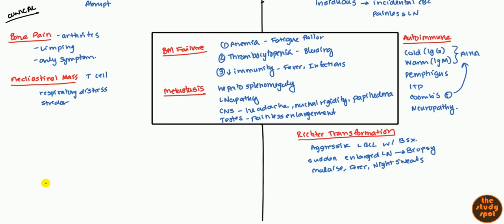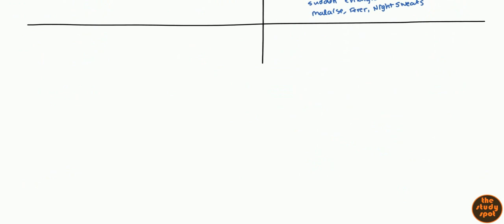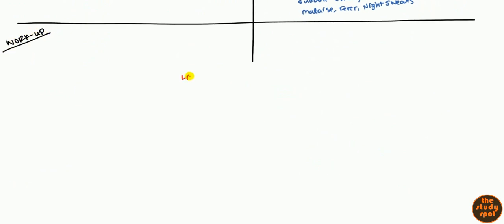Next we can go into the lab workup and the general workup you want to do for a patient you suspect of having leukemia. The first thing is you're going to want to do labs. For both of them, there might be 10 to 100,000 lymphocytes with an increase in lymphoblasts. You can have normocytic or macrocytic anemia in both of them.